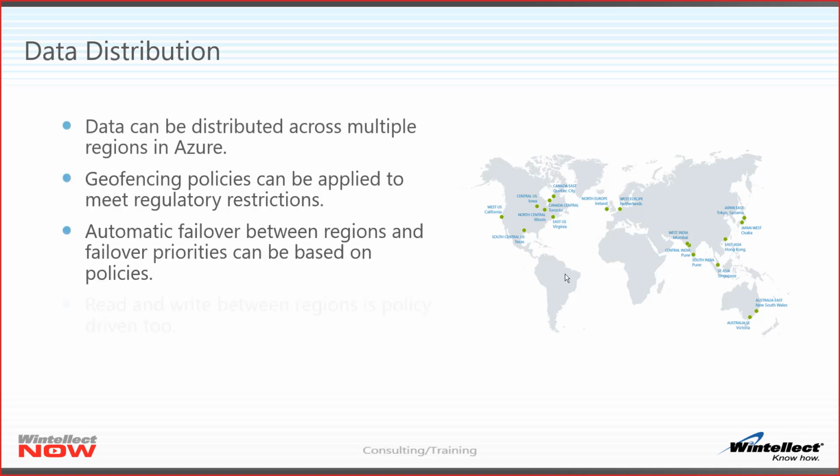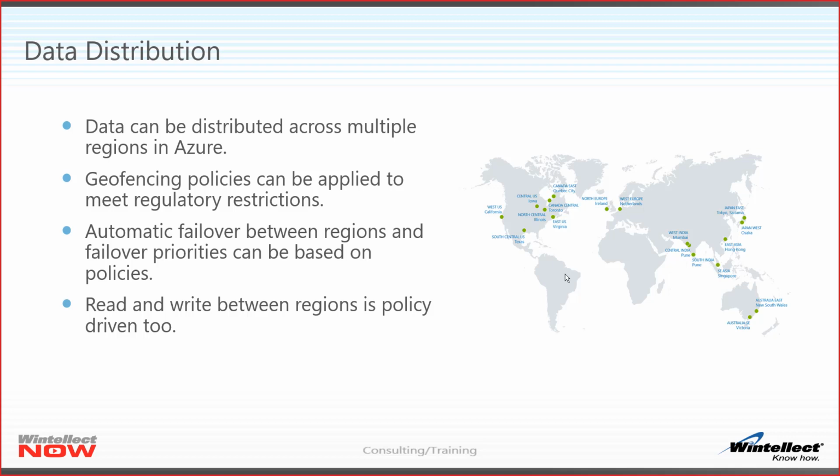Just to mention the data store, we've already looked at this. A database can be distributed across multiple regions. Geofencing can be applied. That's a really cool technology with Azure Cosmos DB. If you need data sovereignty rules that apply to your data sets, you can say, I need my data in Western US, and I can't replicate that to Europe because of the regulations the EU is imposing about data sovereignty.